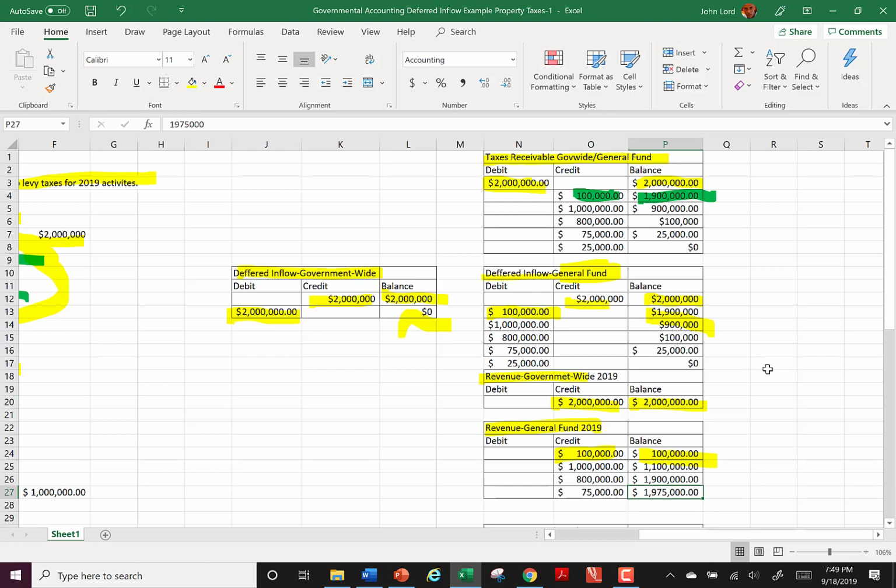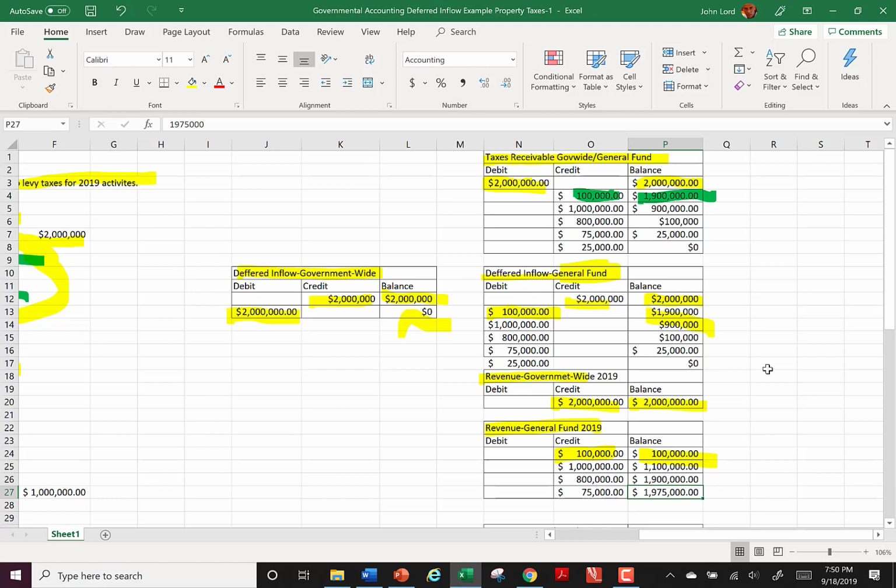That $25,000 that fell outside the 60 days didn't matter for what? Full accrual, because I took it all as soon as use may begin. But because I had to keep my eye on that 60 days, for modified accrual, that $25,000 that fell outside of the 60 days was not a 2019 revenue, it was a 2020 revenue, right?